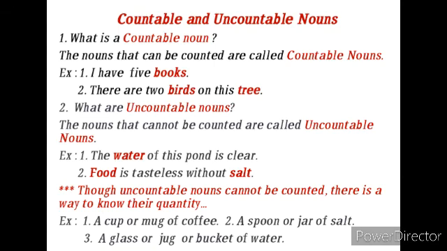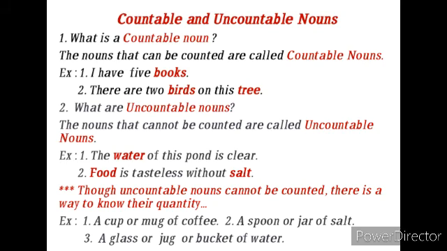Now, let's come to example number 3. A glass or jug or bucket of water. As you all know, water cannot be counted. But when you put it into a glass, it can be called a glass of water. Now when you put it into a bottle or jug, you can count it as a jug of water or a bottle of water.